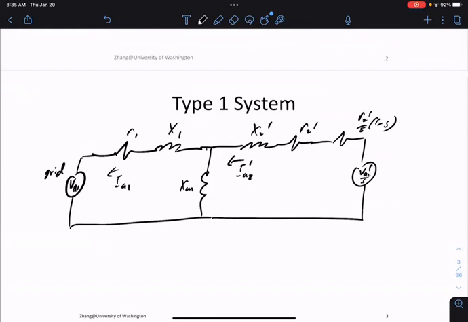By convention, the power computation will come out negative because the current is flowing into VA1, into the grid. So you have a negative active power. That just means power is going into the grid for this machine.